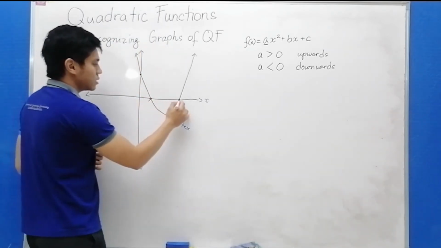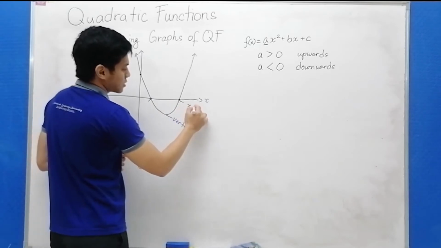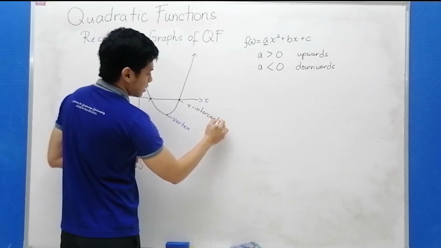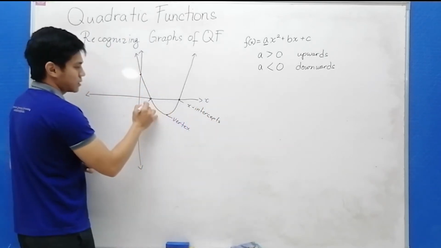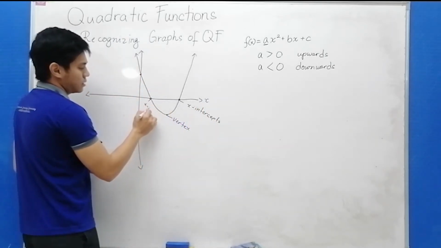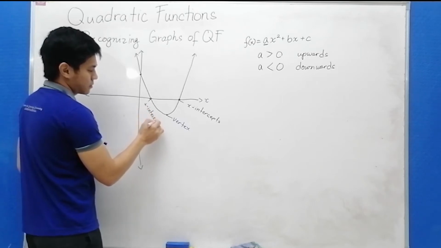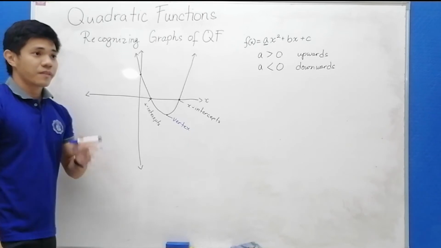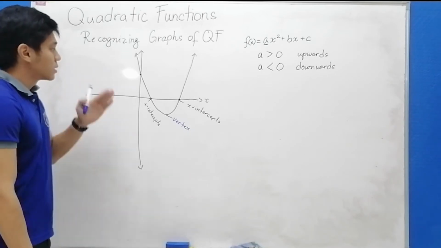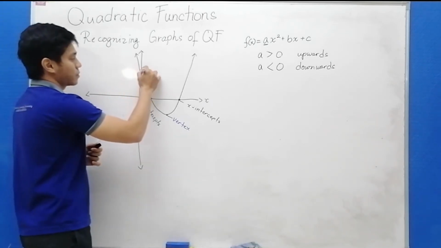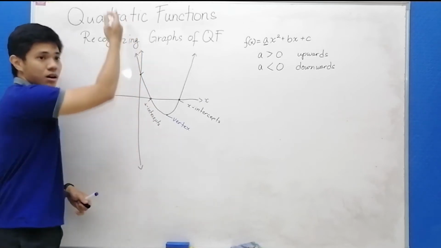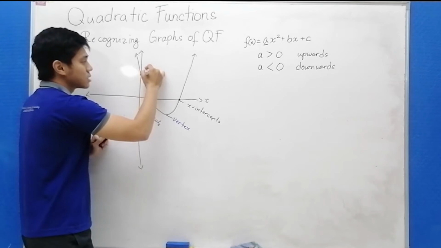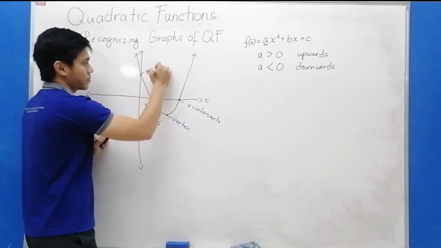This is what we call the X-intercepts. And the point where X is 0, that's what we call the Y-intercept, the point that touches the vertical line of the Cartesian plane. So this is the Y-intercept.